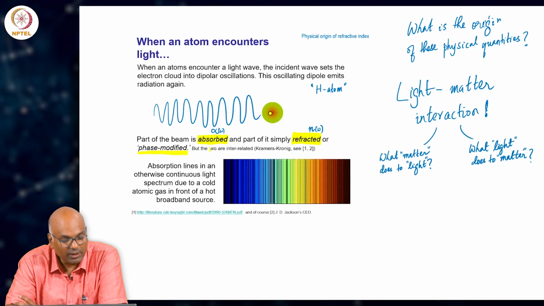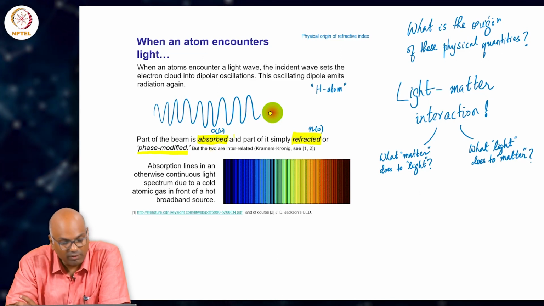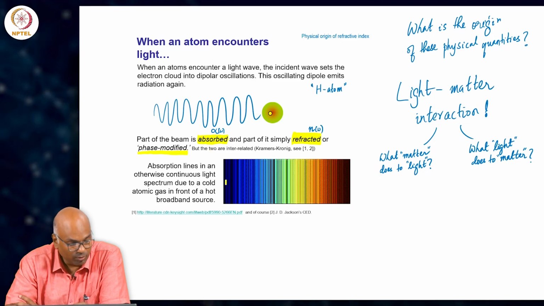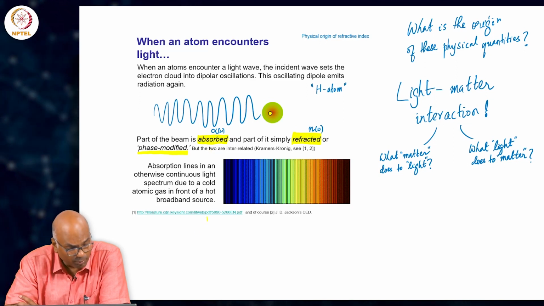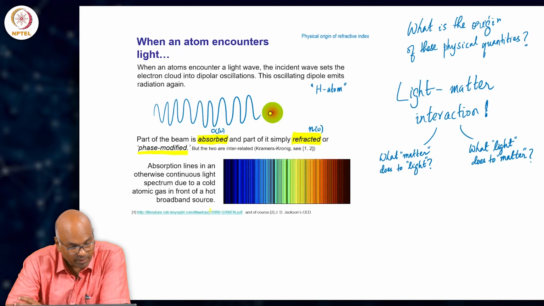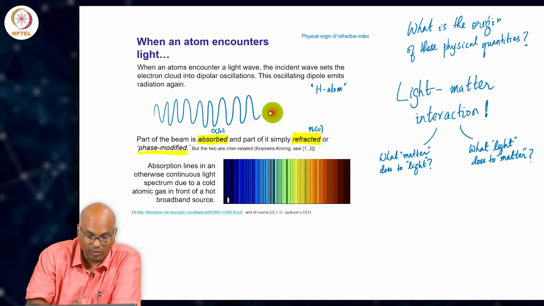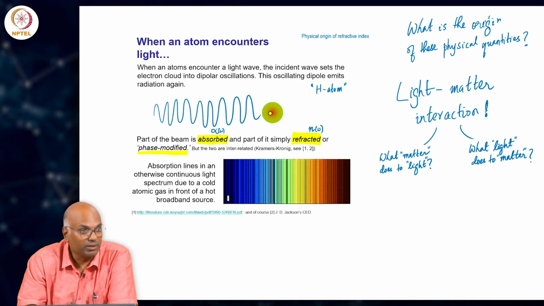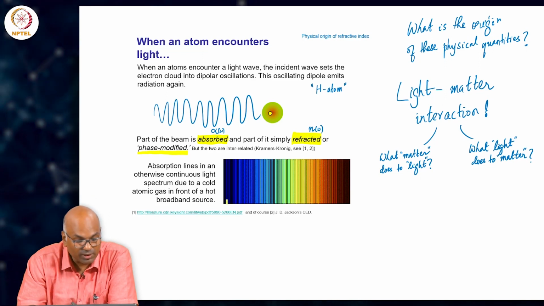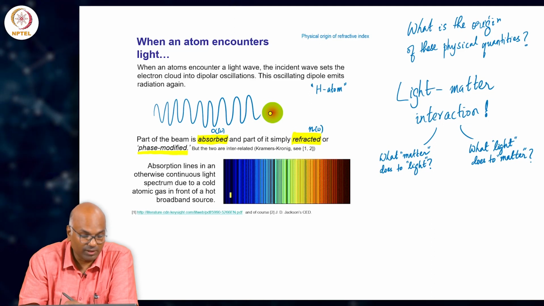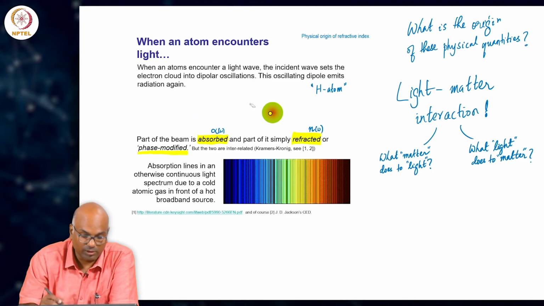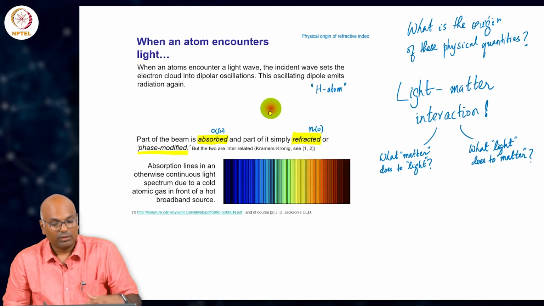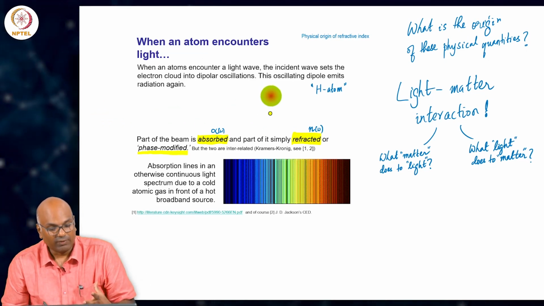Now, absorbance alpha and refractive index n are both dependent on frequency. If we now consider a broad source passing through a gas of atoms, and then we measure the transmission through this gas of atoms, the scenario that we just encountered, it is one atom here, but we could have had a gas of atoms.